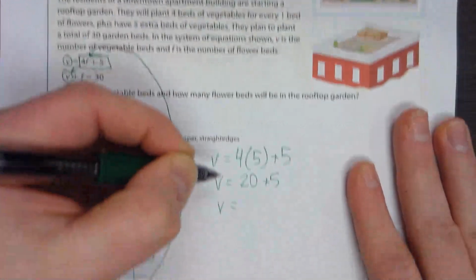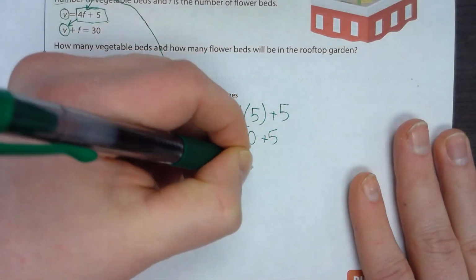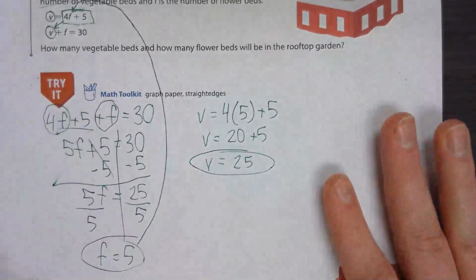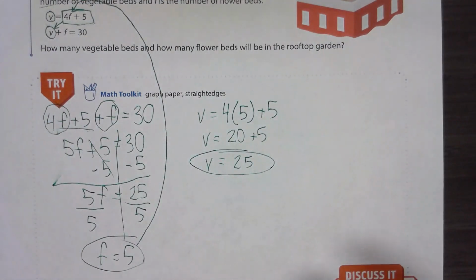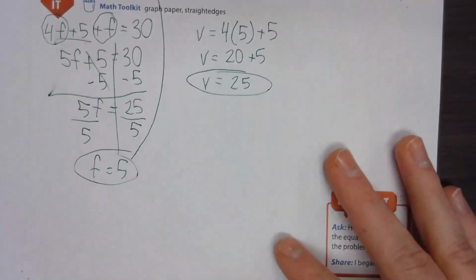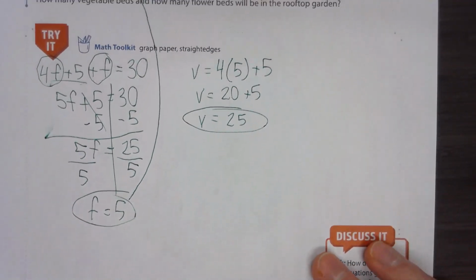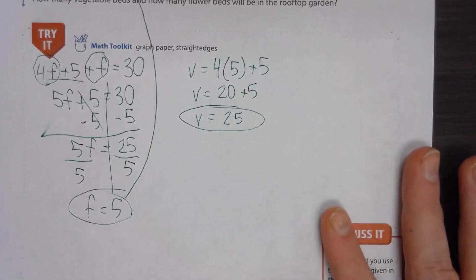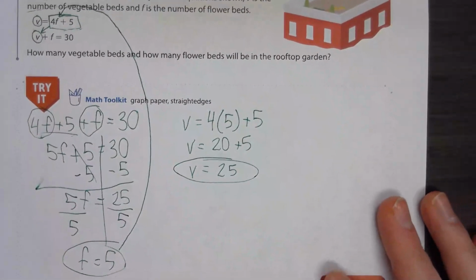V is equal to 25. Okay, and just by plugging in some things that we knew, we were able to figure out how many of each we have.